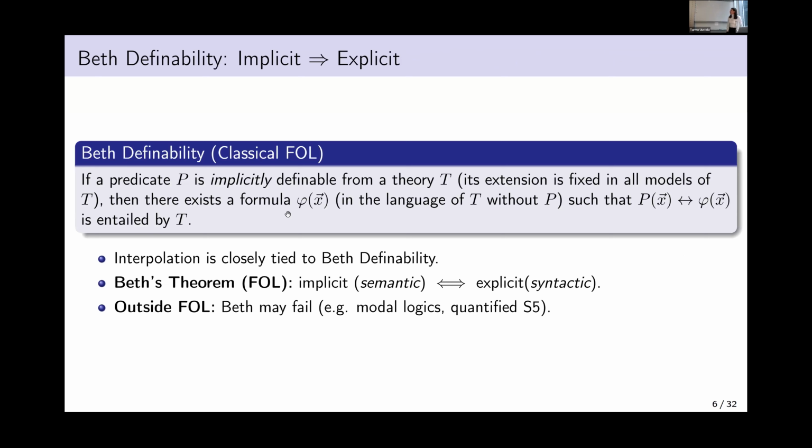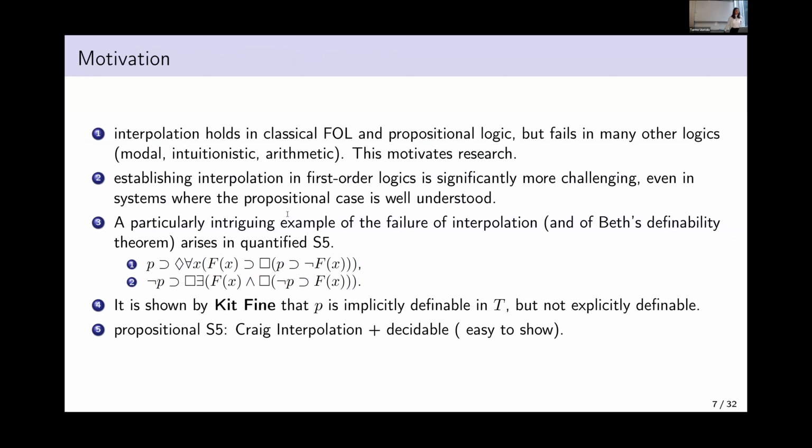Okay, so interpolation is also well connected with the Beth definability theorem, which is very important, which connects syntactic and semantic settings for the logic. It shows that implicit and explicit definability are equivalent. In first-order logic, it holds, but outside of first-order logic, for example, in modal logics, in first-order S5, it doesn't hold.